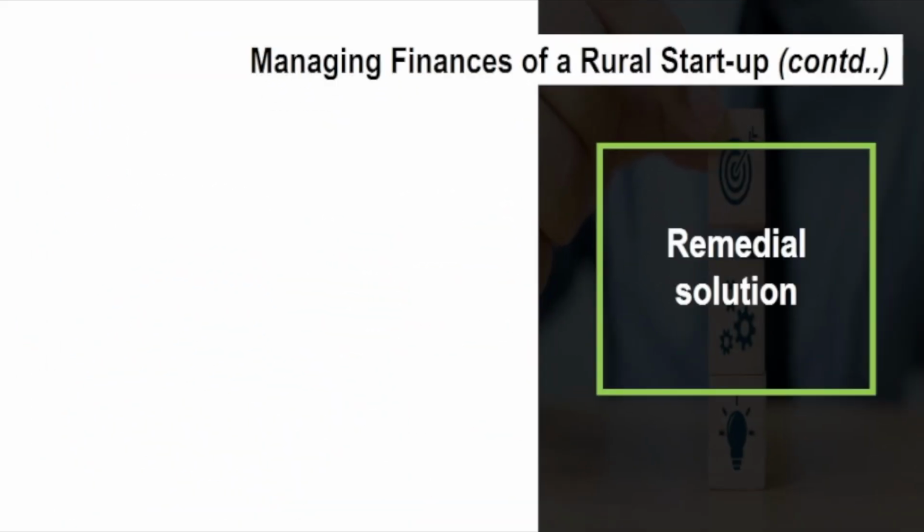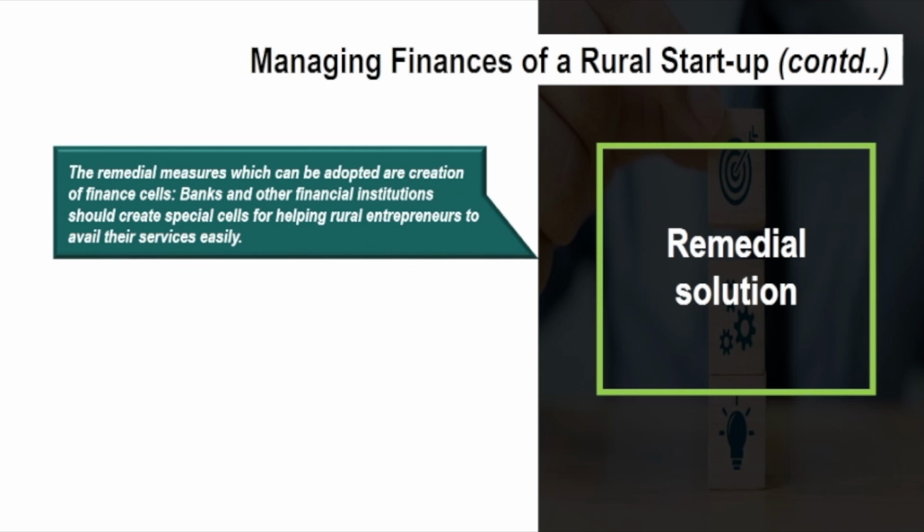Now, what is the remedy or solution for these challenges faced in the financial part? The remedial measures which can be adopted are the creation of finance cells. That means banks and other financial institutions should create special cells to help rural entrepreneurs avail their services easily.